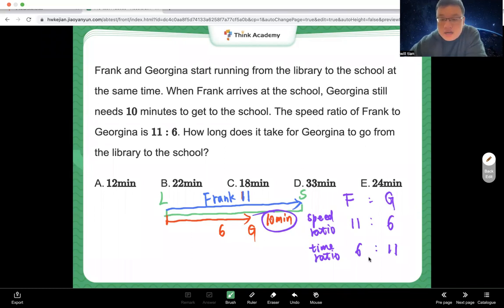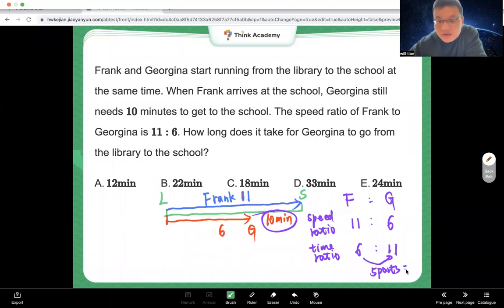The answer is not A, I guess. You see that the time difference will be 5 parts. Make sense? And 5 parts equals how many minutes, guys? Take a look at the picture. 10 more minutes, right? The difference is 5 parts. That means Georgina is going to spend 5 parts more than Frank to cover the same distance.